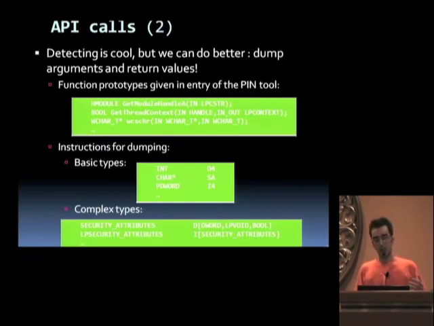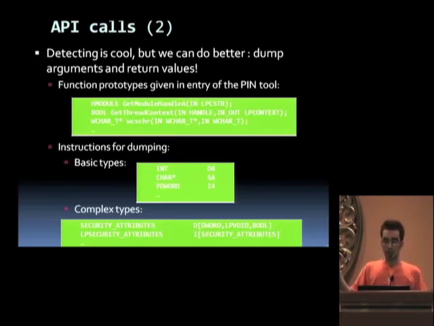But to do that, the PIN tool needs to know how to really dump the arguments based on the type. So in the same file, we give some instructions to the PIN tool to do the type dumping. We divide the types in two flavors. The first one is the basic types. For example, int is a D4. D4 stands for direct 4 bytes. So when the PIN tool instruments a function and there is an argument to dump, if the argument is an int, it takes the argument as just a direct 4 bytes to dump.